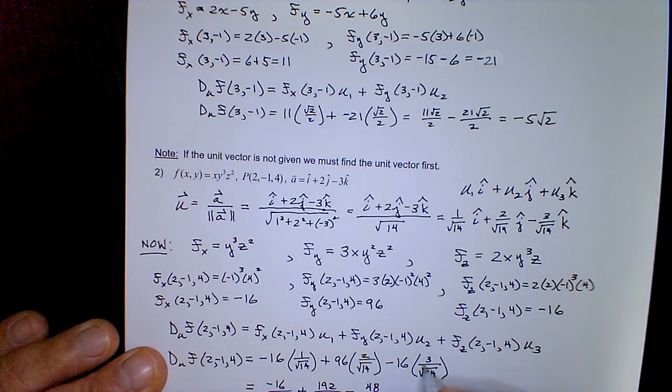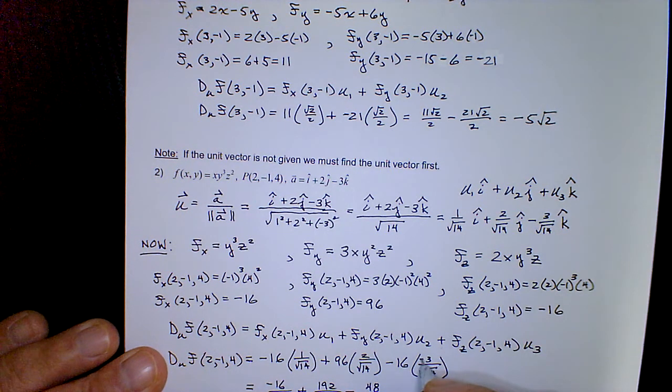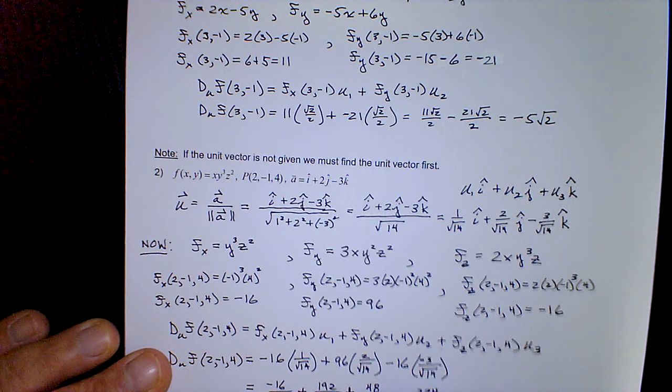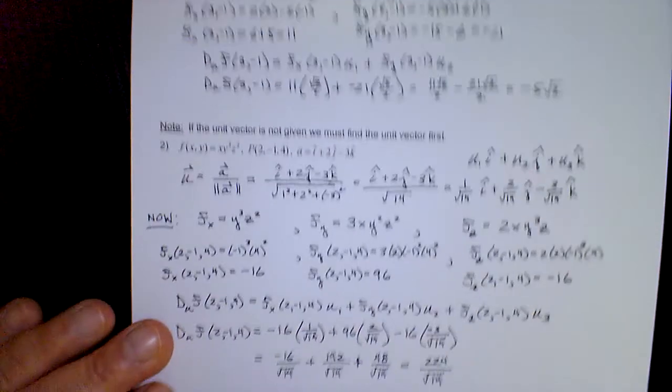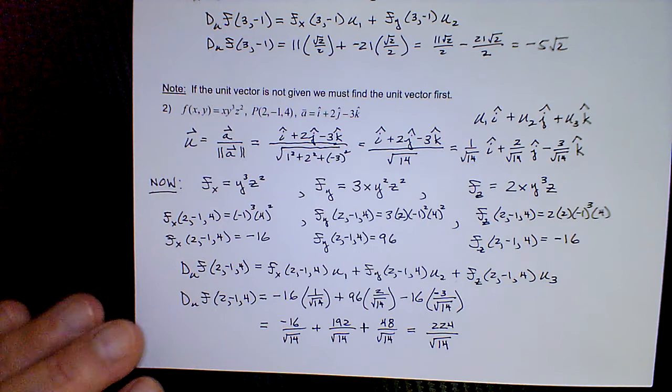Oops, I made a mistake here, sorry. This was a negative 3 over radical 14 for u3. So make sure you slide that negative in there, that makes that positive, okay? And so now we get 240 minus 16 is 224 over the square root of 14. And you could rationalize this and reduce it if you like, but I'm going to be satisfied at that point.